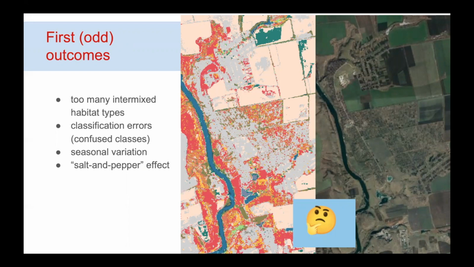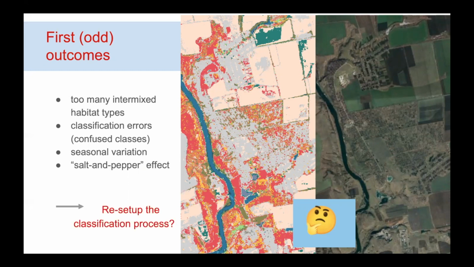We faced the problems of intermixed habitat types, classification errors, and the so-called salt and pepper effect, when surface classes intermixed even within homogeneous stands like croplands, and also the pattern of confusions differed seasonally. The most confused habitat types were croplands, Robinia semi-artificial forest, and sometimes natural grasslands.